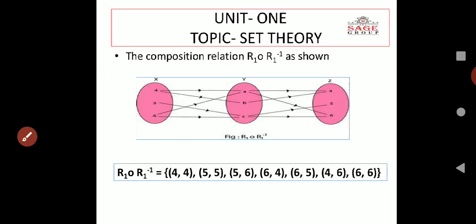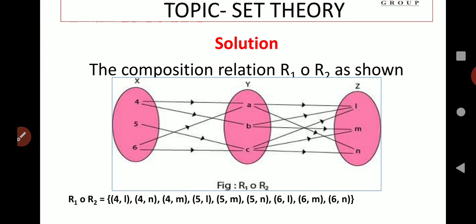Similarly we have (6, m), (6, n). So this is a relation from X to Z, and it is called composition of relation.